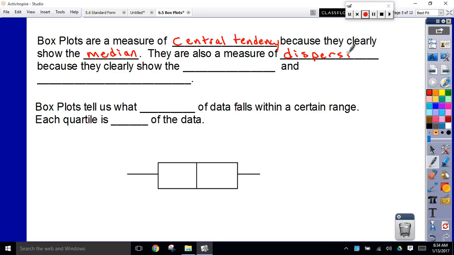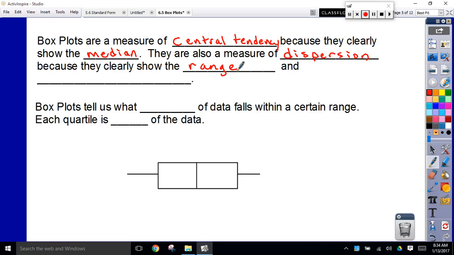What does dispersion mean? Think about not just in math, but what does the word dispersion mean? Gretchen? Dispersed, and what does that mean? You're doing it with your hands, but can you describe it? It's spreading throughout. So dispersion shows the range, or how far apart the data is spread.